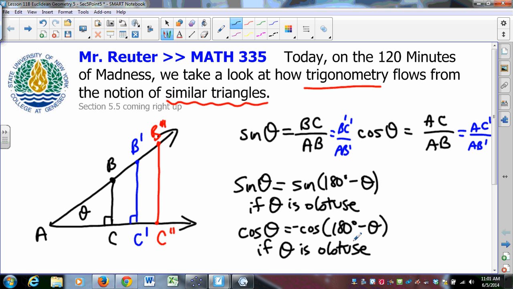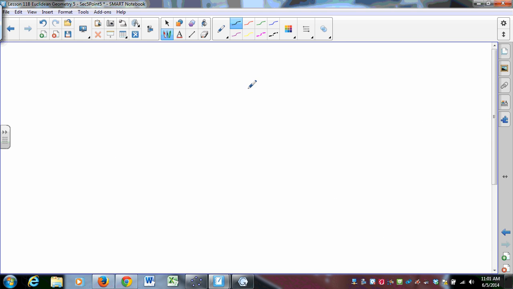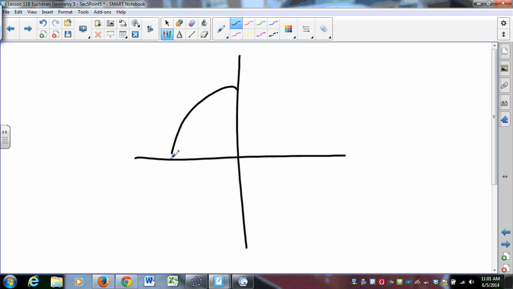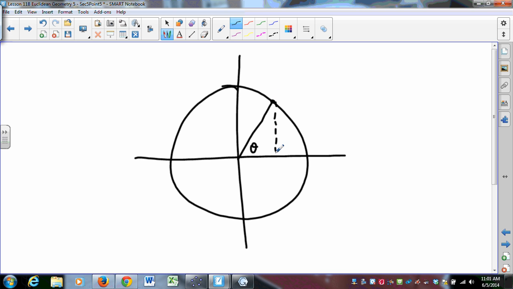Now, we have really good reasons for doing that because we look at the unit circle, which is very familiar from high school trigonometry, and we say, here is some angle theta. Sine of theta is BC over AB. So then what happens if you bring this over here?